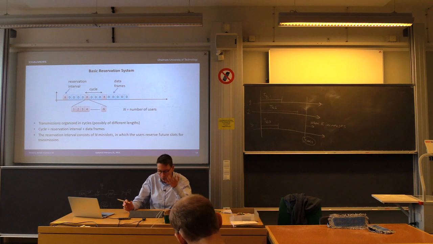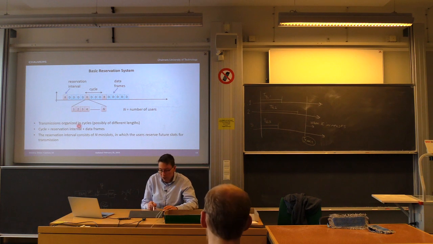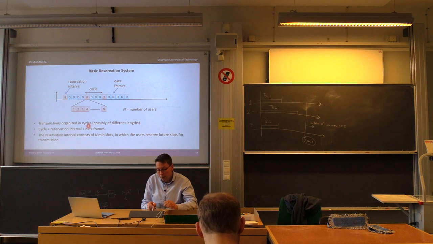So if we start with the very, very simplest thing we can think of when it comes to reservation, we have this notion about cycles and reservation intervals and data intervals. So transmissions are organized in cycles, and these cycles could be potentially of different lengths.